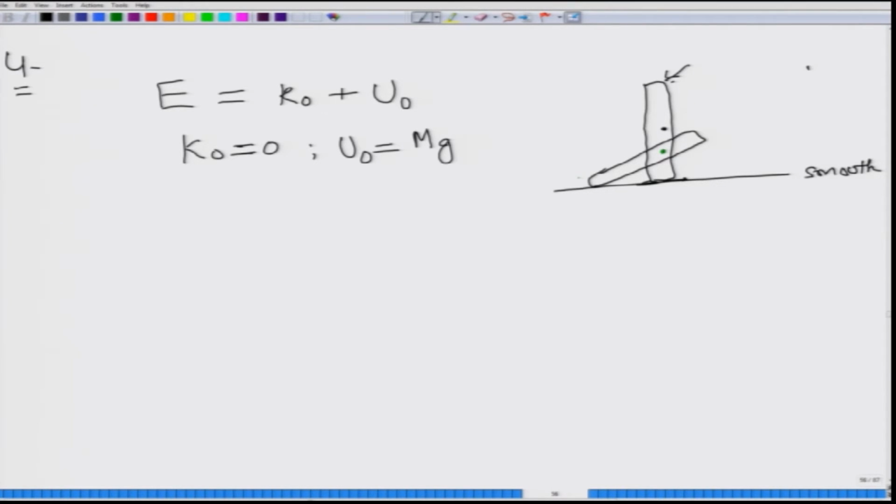Say the length of the rod is L, then this will be L by 2. So this is the potential energy in the beginning.